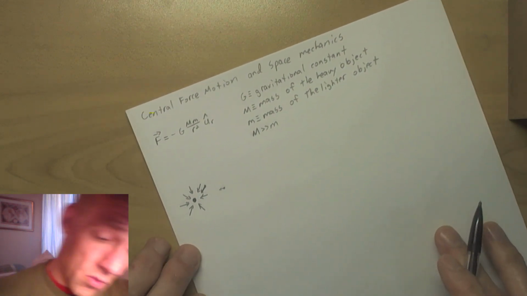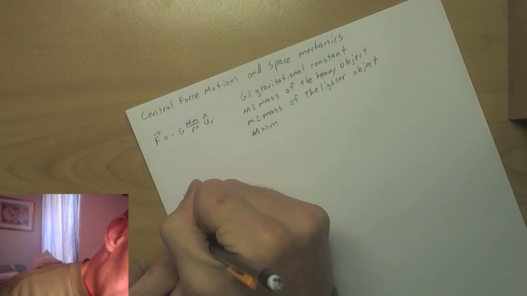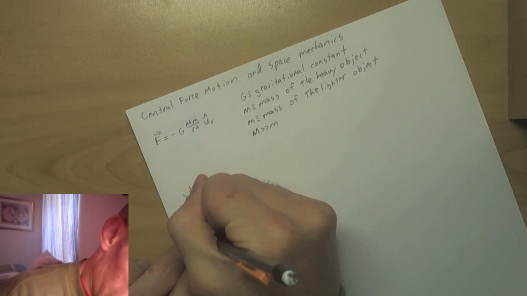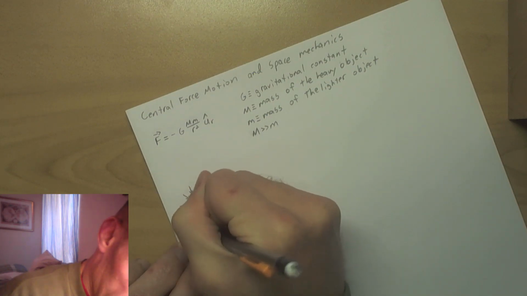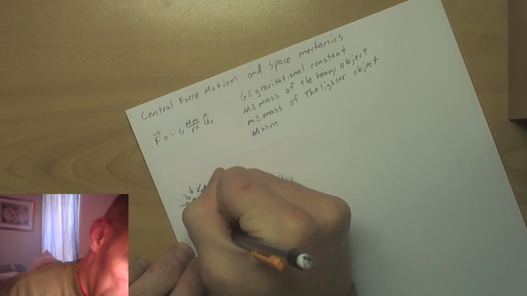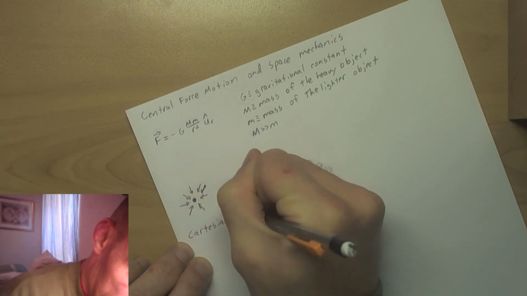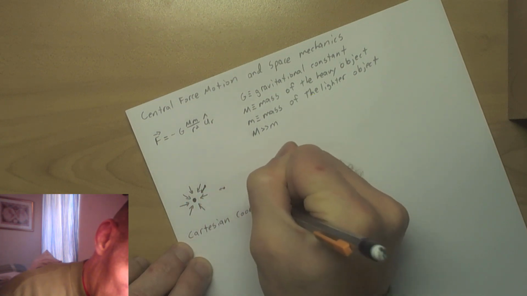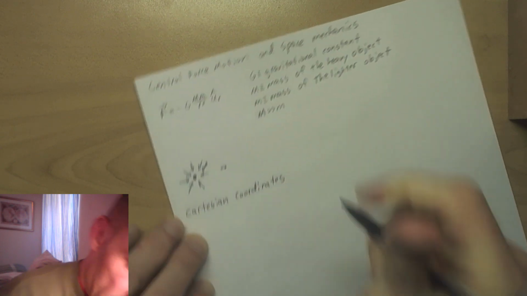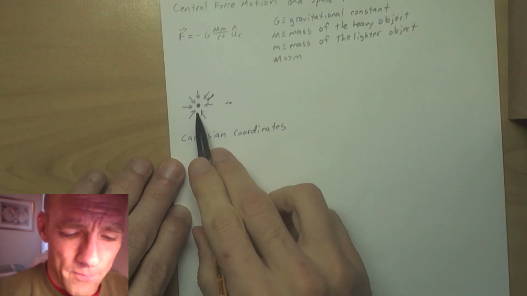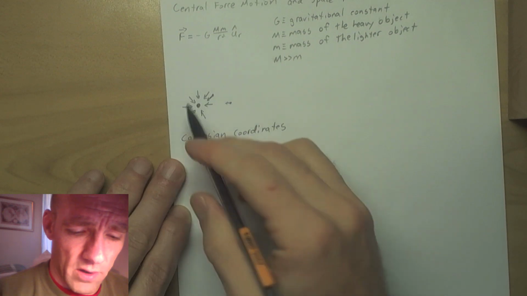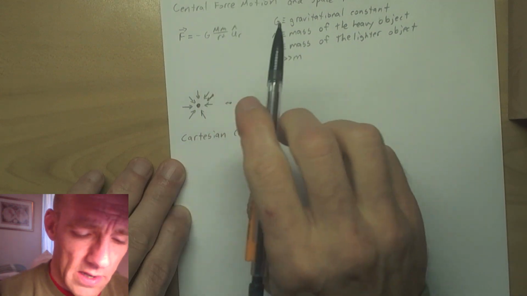All right, so just for illustration purposes, I'm going to try to write this in Cartesian coordinates. You can look at it and tell it has a sort of radial symmetry, right?